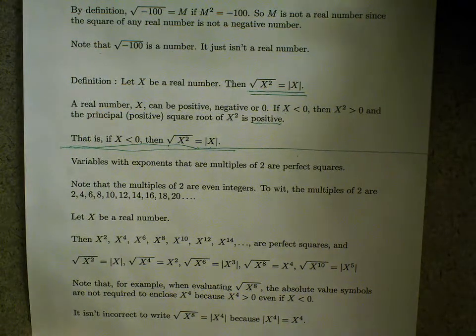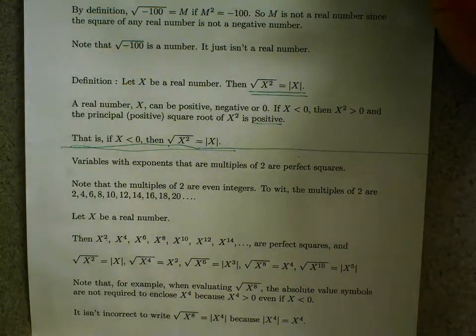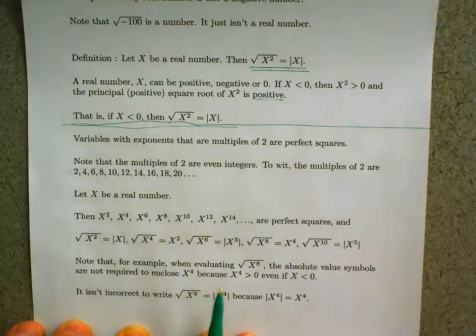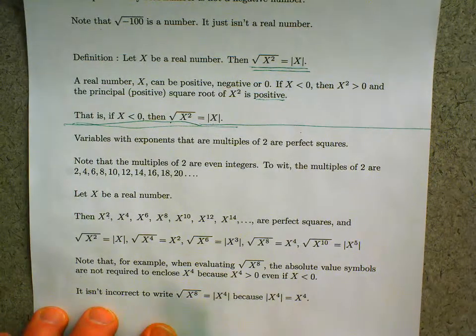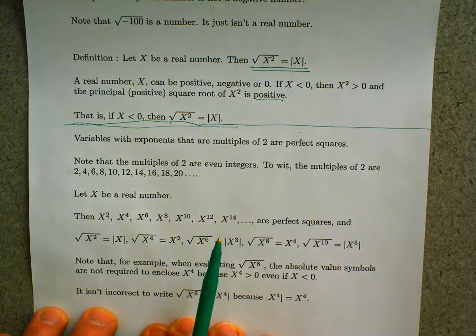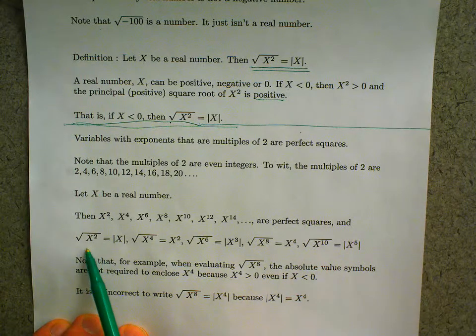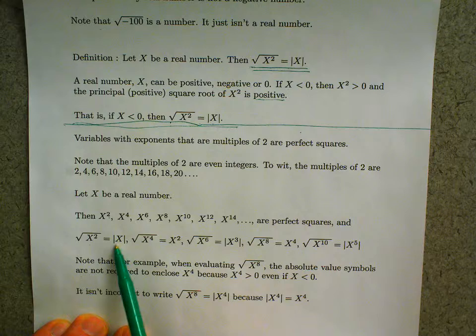And since they are perfect squares, square roots of perfect squares can be simplified to an expression without the radical symbol. So here are a few examples. The square root of x squared is equal to the absolute value of x.